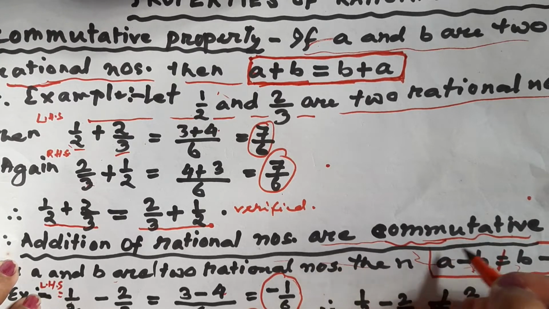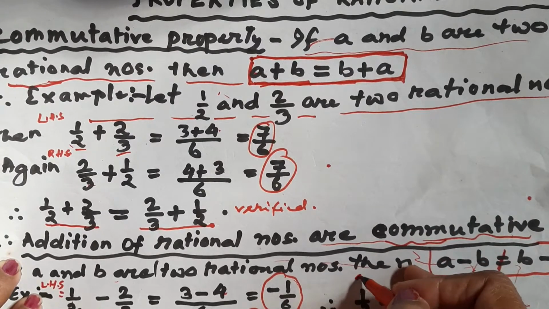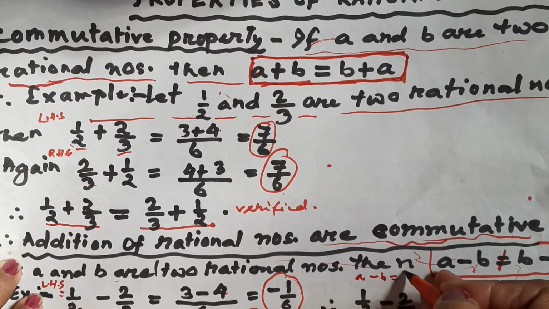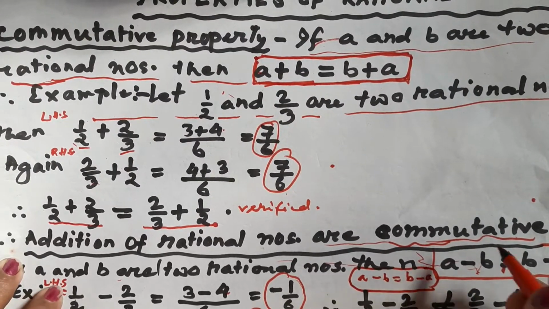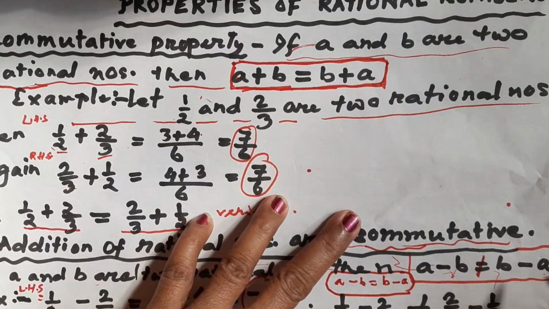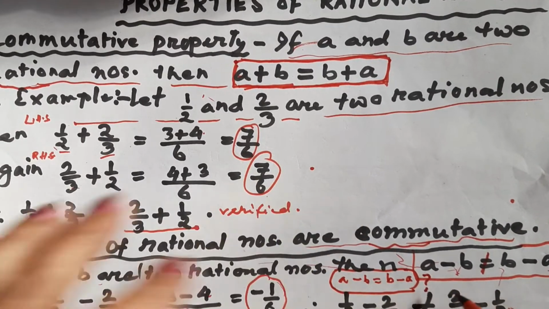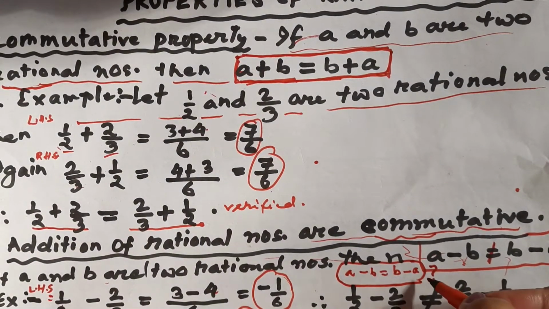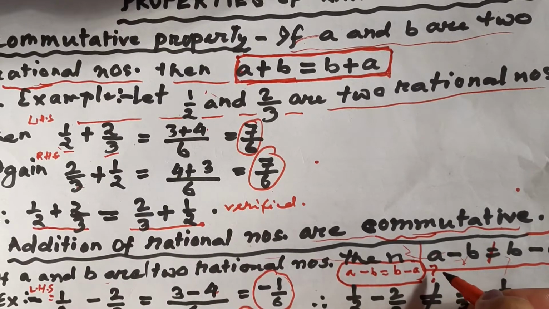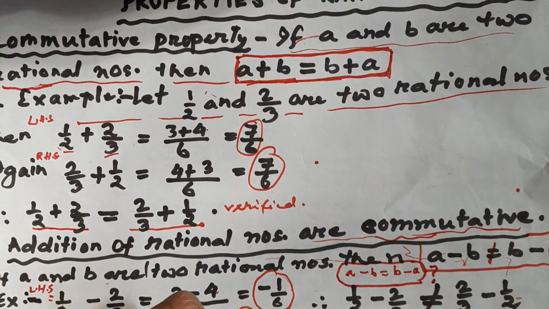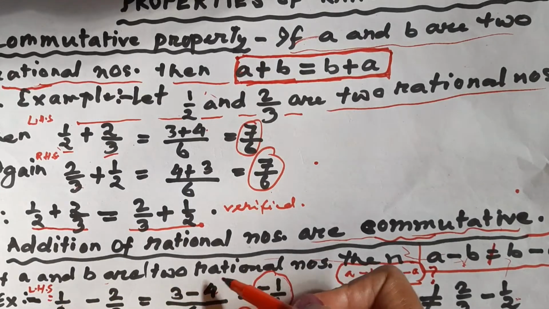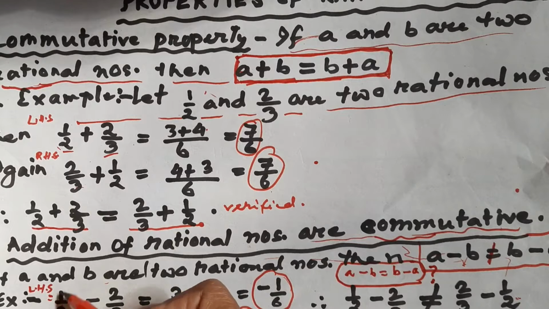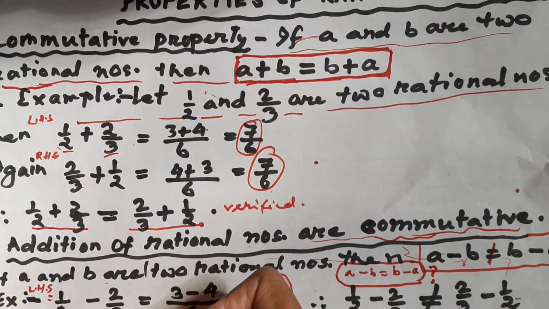Now we have to see whether a minus b is equal to b minus a or not. So, for checking, we take the left hand side a minus b equal to half minus 2 by 3, as a and b are taken as two rational numbers and their values are a equal to half and b equal to 2 by 3.